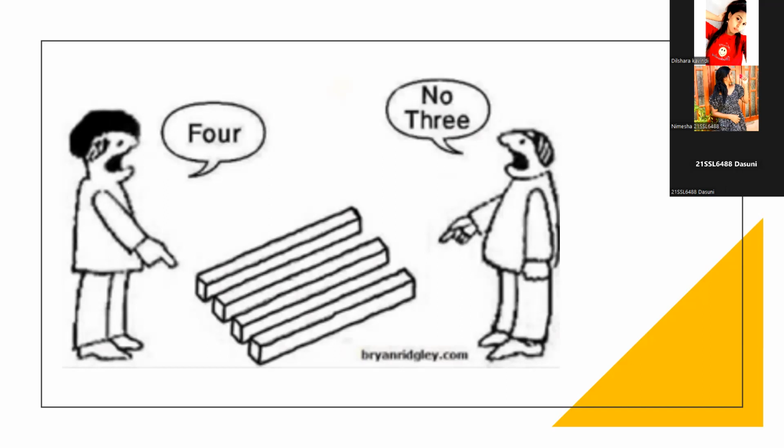So finally we know that both the answers are correct. There are four pillars, and also from the other perspective, there are the three pillars, right? The same situation is there. Think about you have a room.